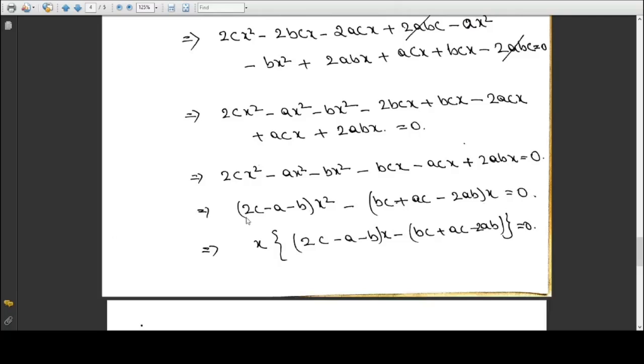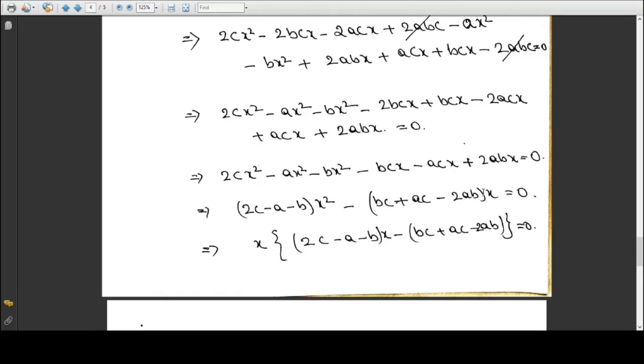Now here you have x square, here also we have x. Between this term and this term, x is common. Therefore, you take common x. When you take common x here, this 2c minus a minus b times x will still be remaining there, isn't it?